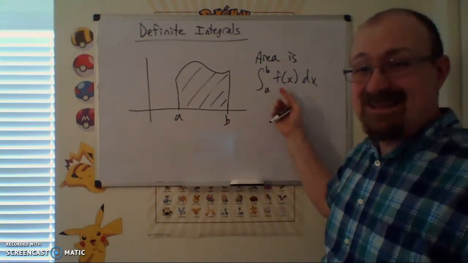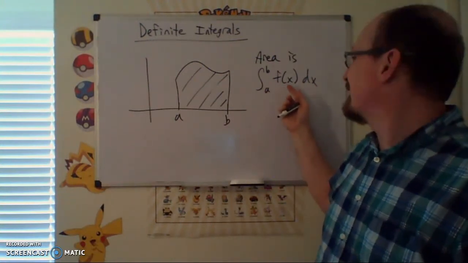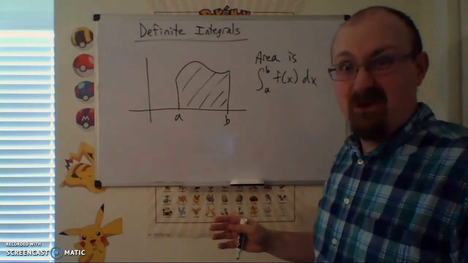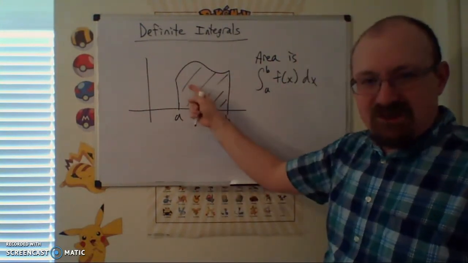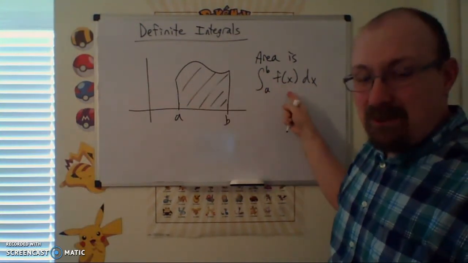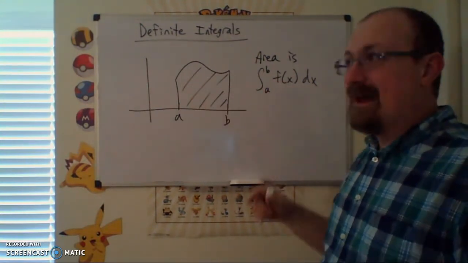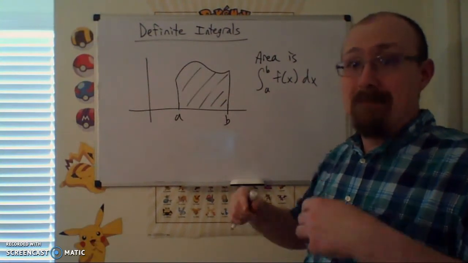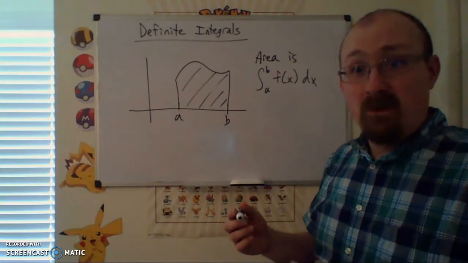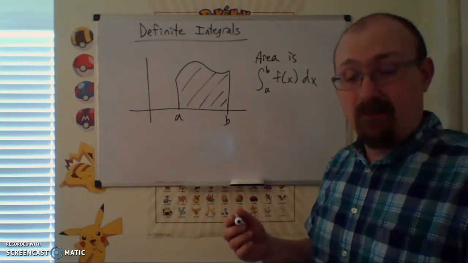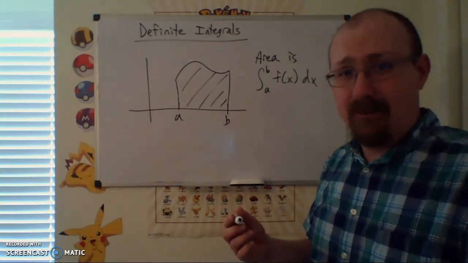I would read this as the definite integral of f of x as x goes from a to b, or just the integral of f from a to b. So this geometric shaded area is the value of this definite integral. Definite integrals in general are numerical quantities, as opposed to indefinite integrals, which we saw last time, which are generally functions that we get back when we undo the act of taking a derivative.